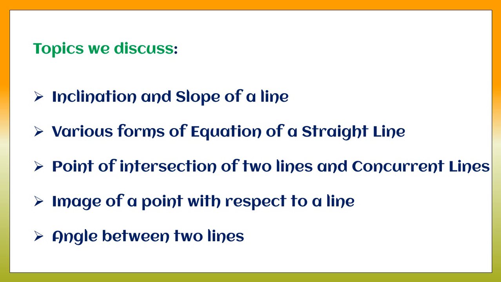In this particular video, we are going to learn about the introduction of a straight line. First of all, we are going to talk about inclination of a line. What is meant by inclination? Suppose this is my coordinate plane. We have the x-axis as well as the y-axis, their point of intersection is the origin, and they are perpendicular to each other.